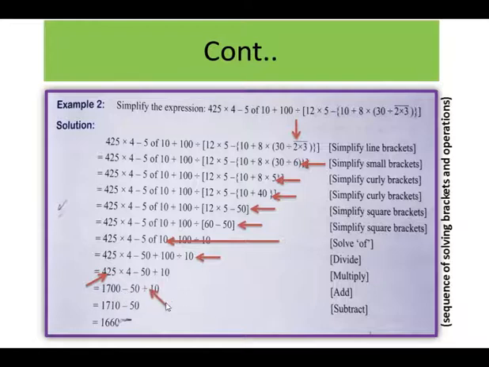And then addition, so we add the positive numbers, 1700 and 10, these are positive numbers, so we have added, so 1710, and then at last we have subtracted 1710 minus 50, and we have got 1660. Okay. In this way we use the rule of BODMAS for solving brackets and solving operations. Clear?